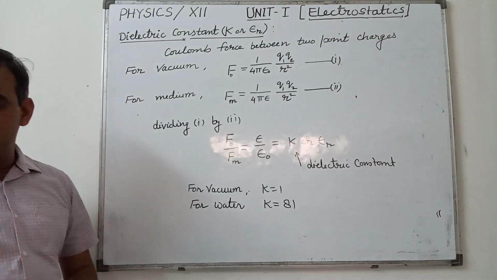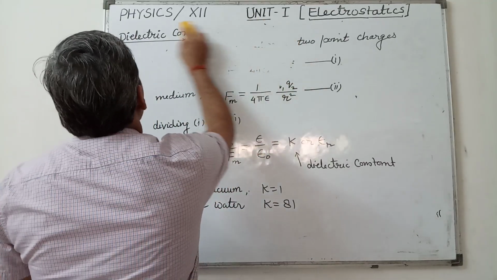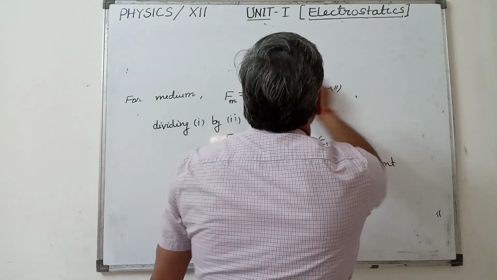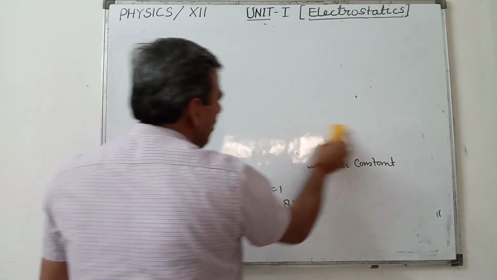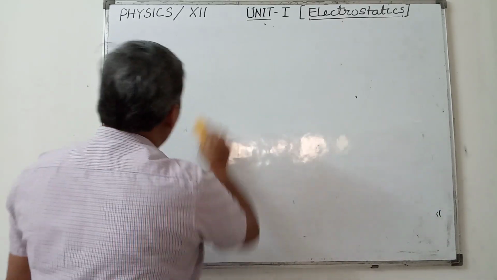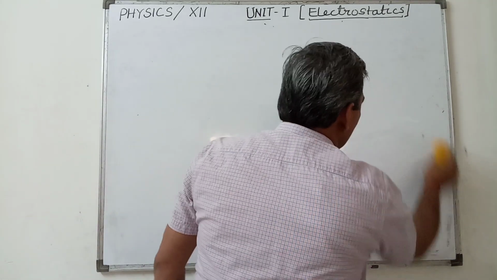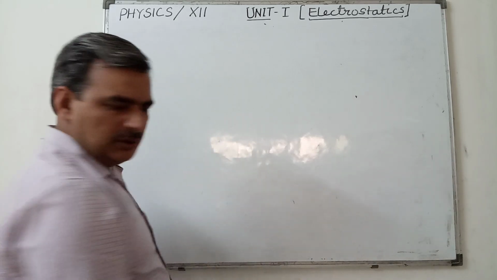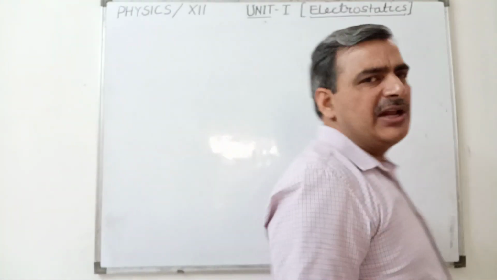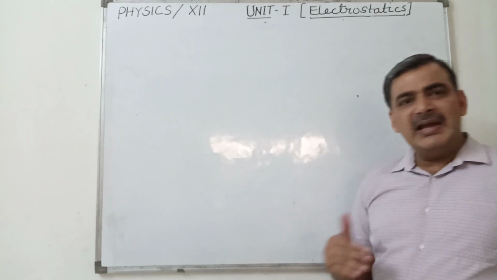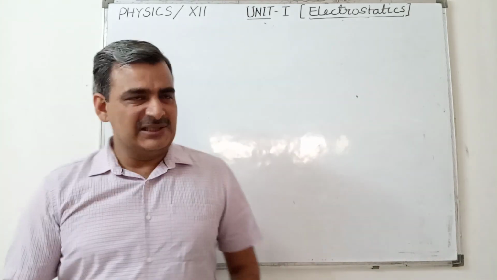Now the next topic we have to discuss is the electric field. I think you all have an idea of the magnetic field produced due to a magnet. As with the magnetic field, we have the electric field also, which is simply the region around a charge where another charge experiences a force of attraction or repulsion.